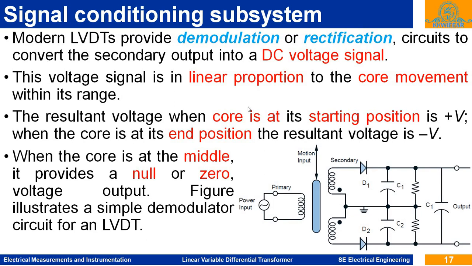So the electrical output of this LVDT cannot be used directly in the electrical circuit. Nowadays we are using microprocessors, microcontrollers, or PLCs as a closed loop system, as a feedback system.